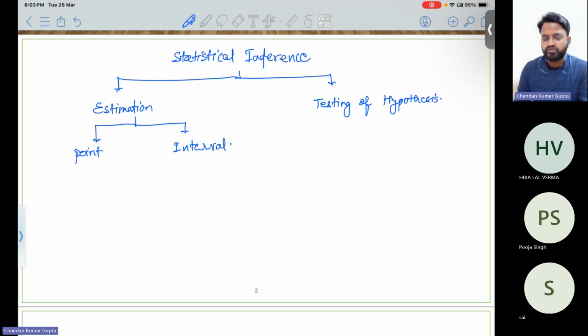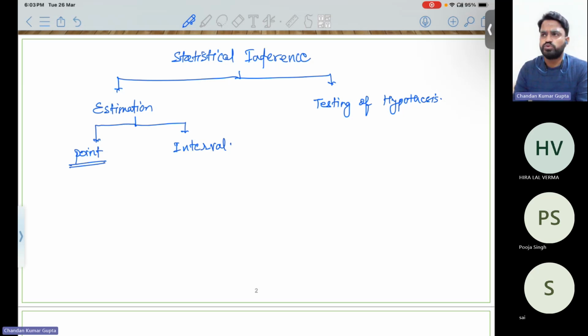In testing of hypothesis, we give some statement about the parameter, and then check whether to accept or reject that statement. That is called hypothesis testing. There are certain conditions and errors, which we will discuss later. Today we will deal with point estimation.